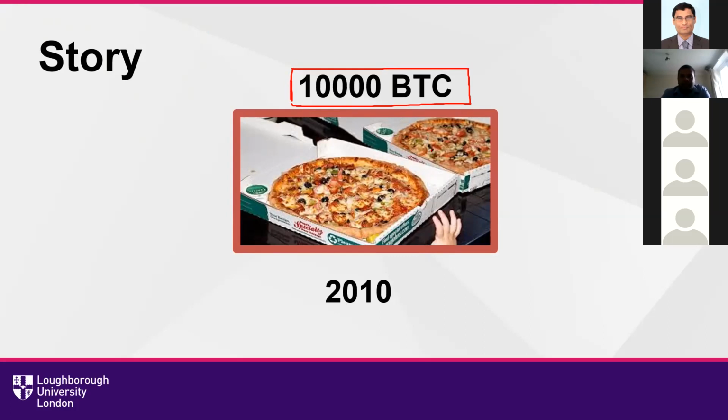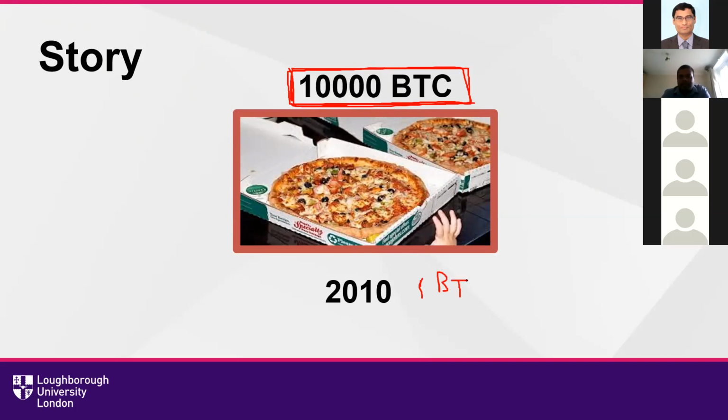What do you think about this transaction? If he had that 10,000 Bitcoin now, he would be one of the richest people on this planet. Because in 2010, the value of 1 BTC was even less than $1.